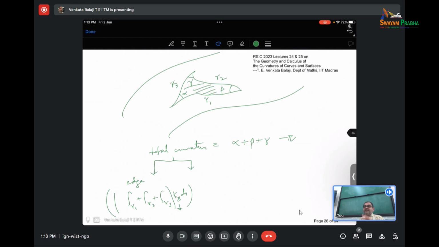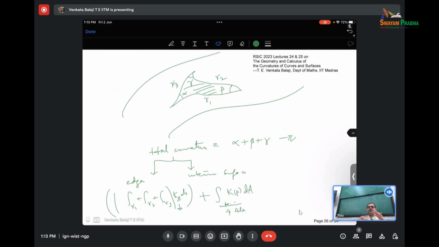And there is also a curved portion in the surface in between, the interior surface. And in the surface, you are supposed to take Gaussian curvature. So you have to take the integral over the interior of the triangle of K dA.